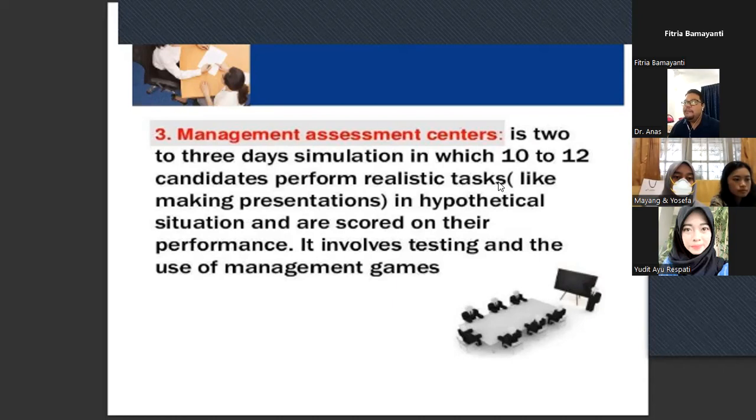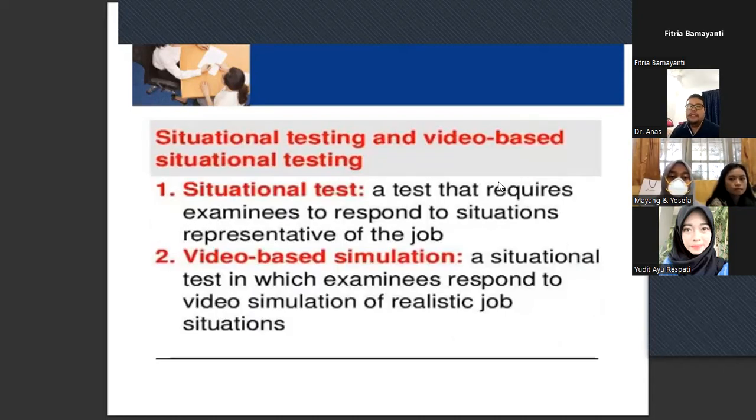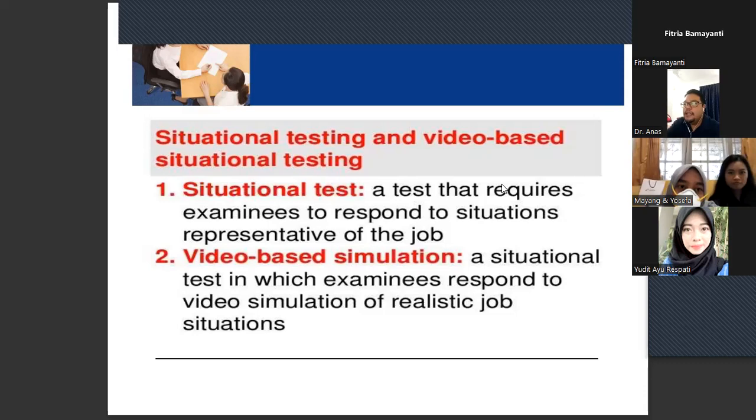Okay. So next. So these are the situational testing and video-based situational testing. Situational testing is a test that requires examinees to respond to a situation representative of the job.